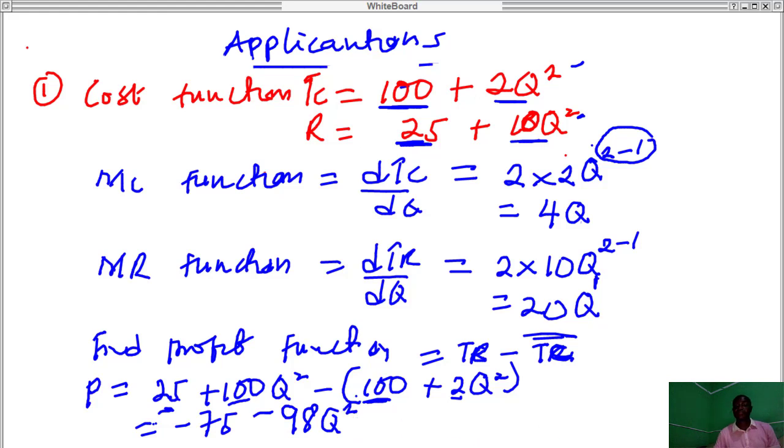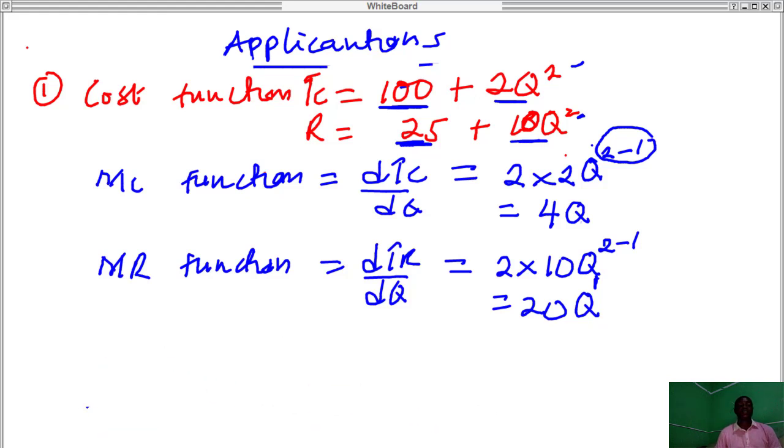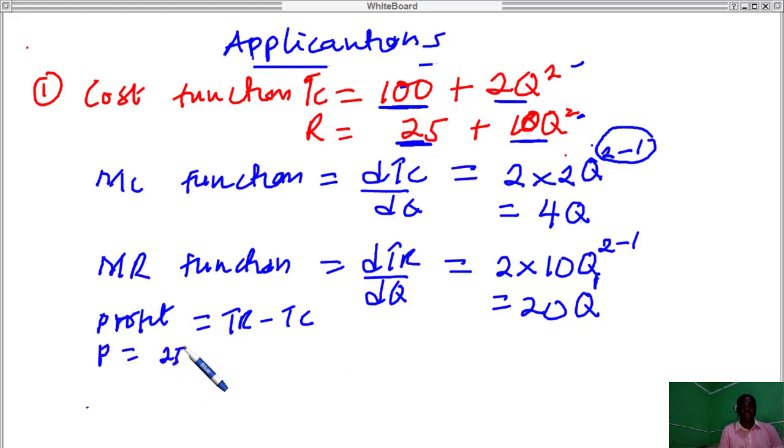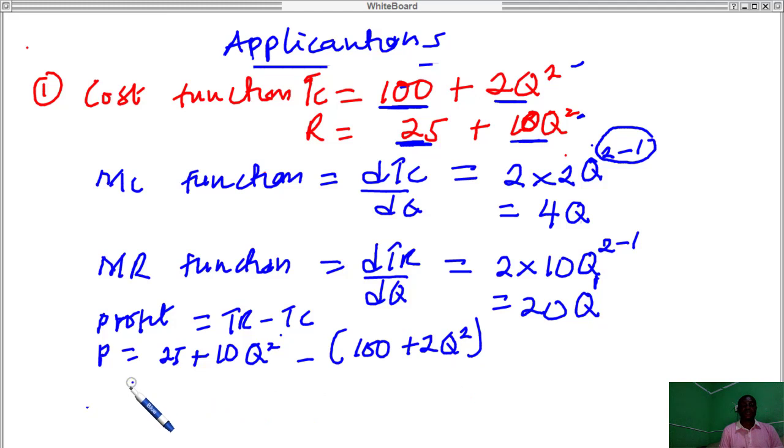Okay, so we are to solve for the profit function. Profit is equal to total revenue minus total cost. So profit will be total revenue, 25 plus 10Q squared, minus total cost, which is 100 plus 2Q squared.